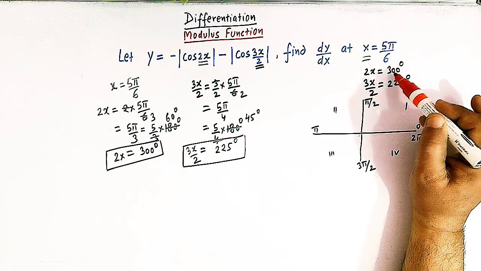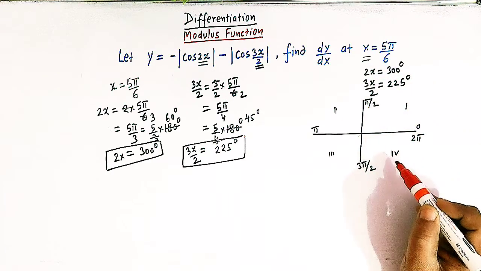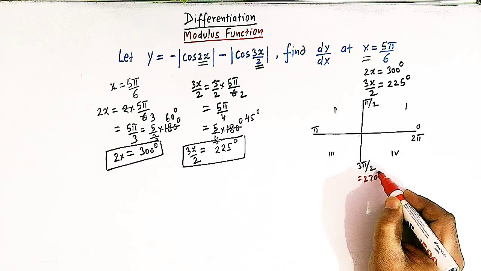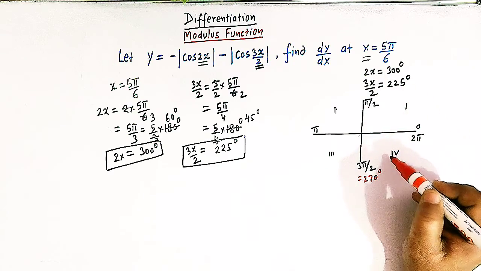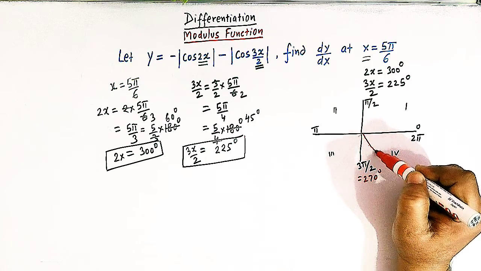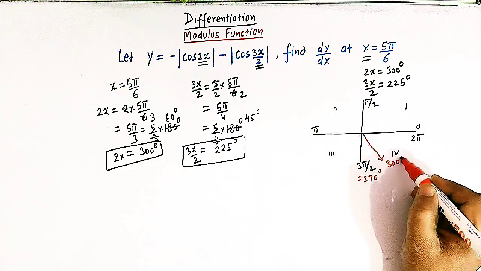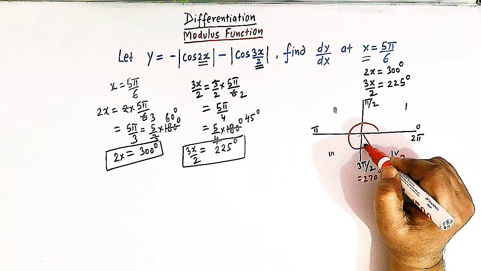Now the first angle, that is 300 degrees, it falls in the fourth quadrant, because 3 pi by 2 is 270 degrees, right? So 300 degrees lies in the fourth quadrant. So this is our angle, 300 degrees.